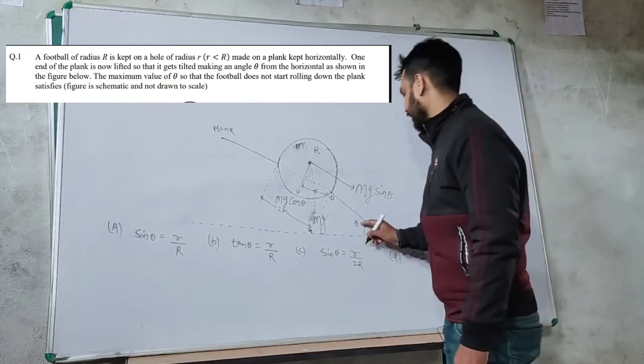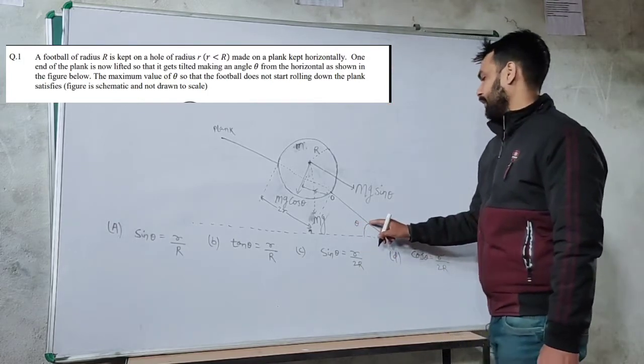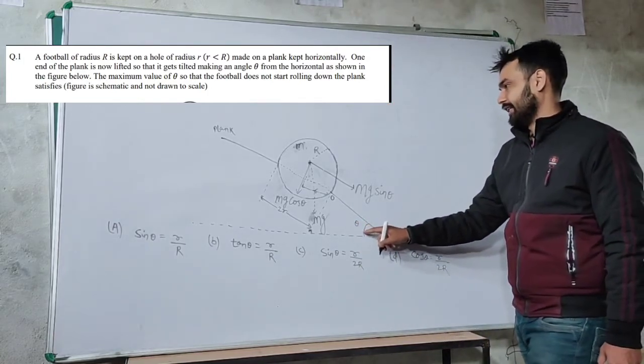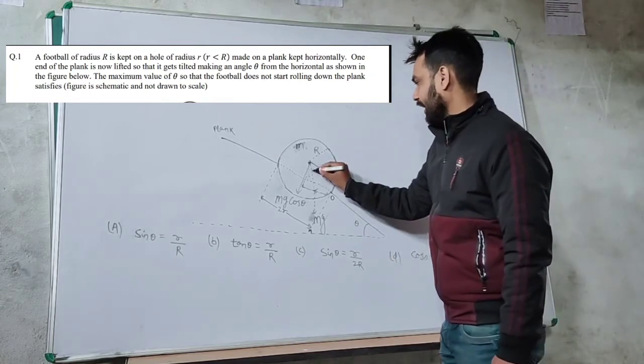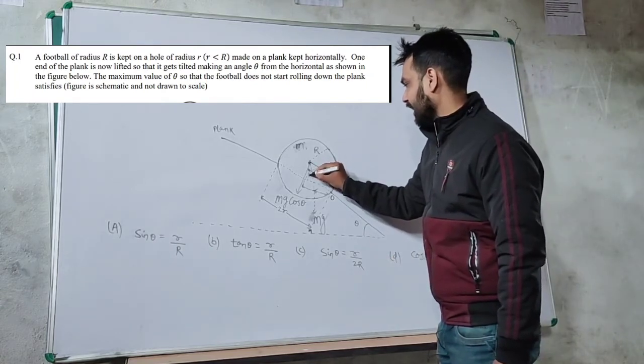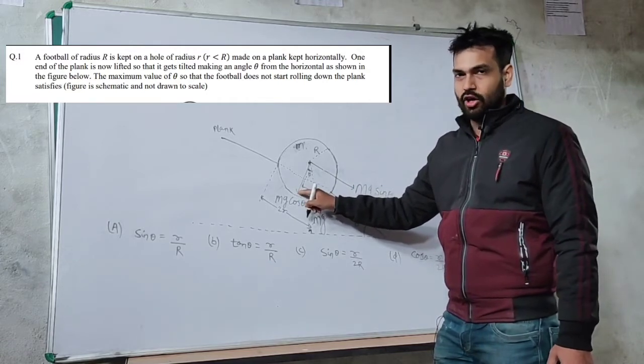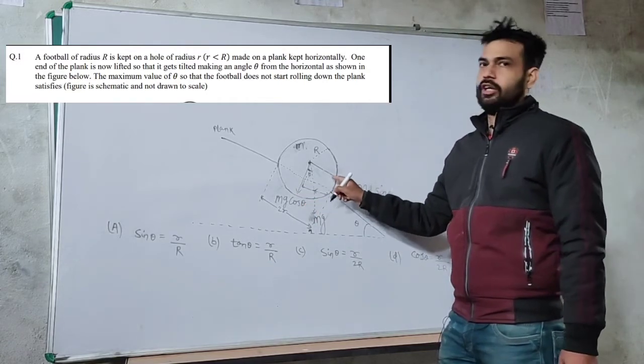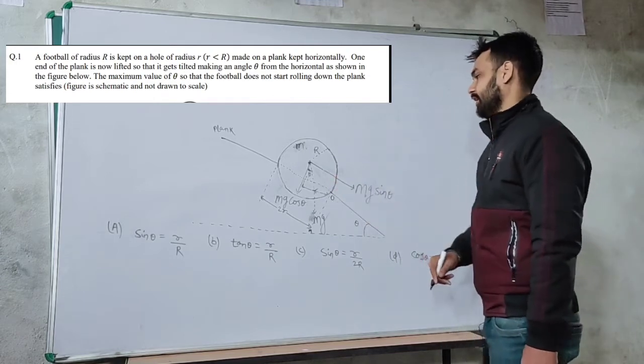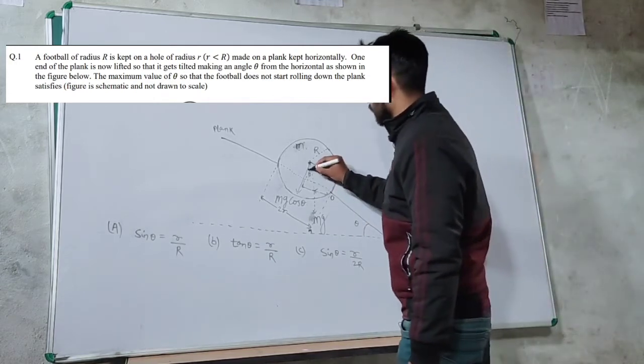The angle that the plank makes with the horizontal is theta. Then through geometry, this is the angle theta. Hence the components of mg are mg cos theta and mg sin theta.